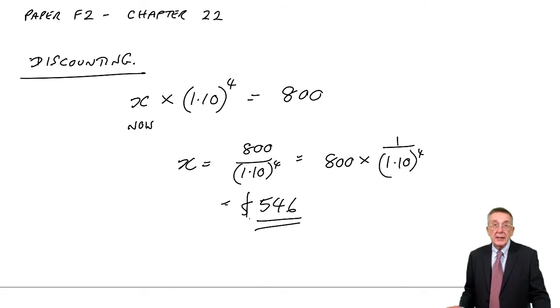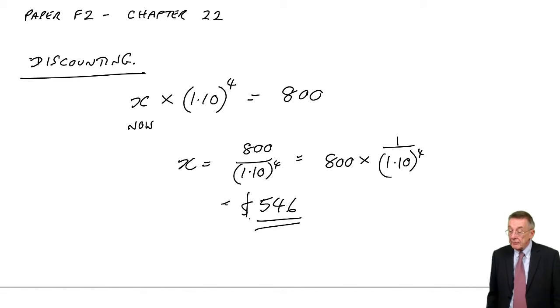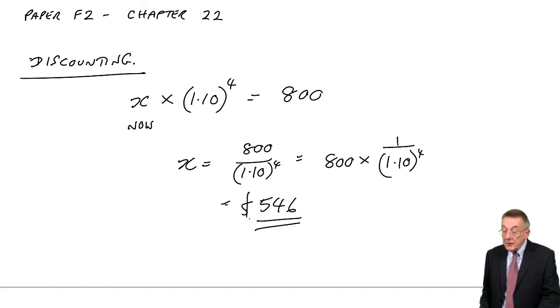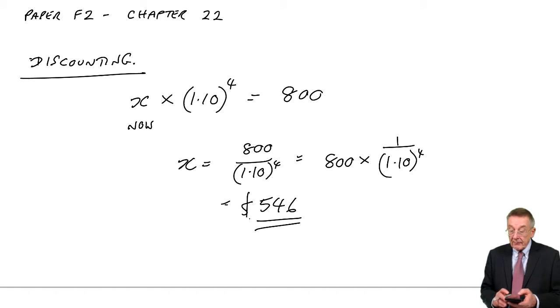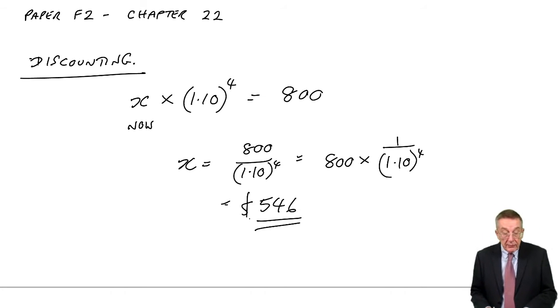And generally we work to the nearest dollar here, unless you're told differently. But if we were to deposit 546 now, then with interest at 10% a year, after 4 years, it would have grown to 800.